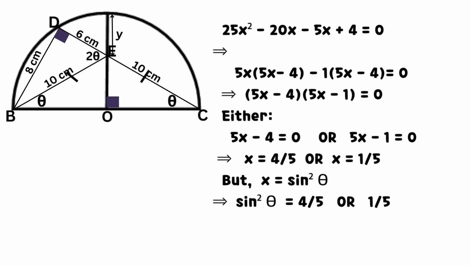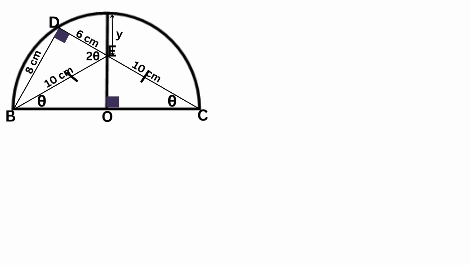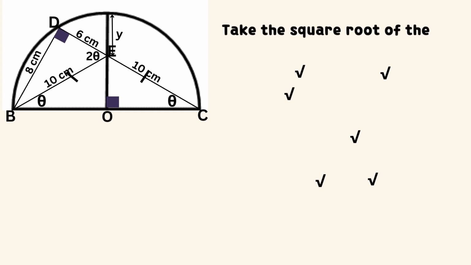Either 5x minus 4 equals 0 or 5x minus 1 equals 0. Therefore, x equals 4 divided by 5 or x equals 1 divided by 5, which equals the square of sine theta as shown on the screen. Take the square root of the equation.